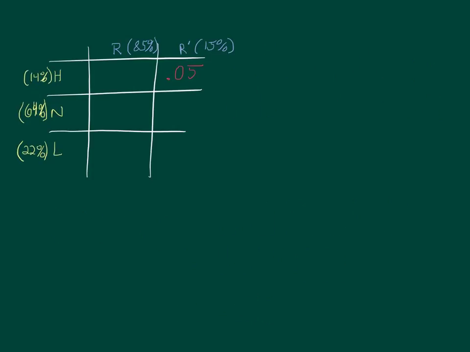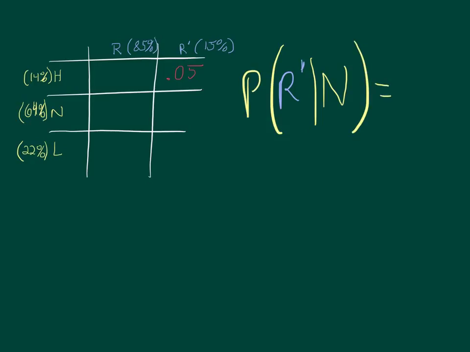The last piece of information that we're given is that of those with normal blood pressure, 1/8 have an irregular heartbeat. So we have, again, a conditional probability. The given information is that we're dealing with normal blood pressure, and we're looking at the conditional probability that we have an irregular heartbeat given that we have normal blood pressure. We know that this is 1/8.